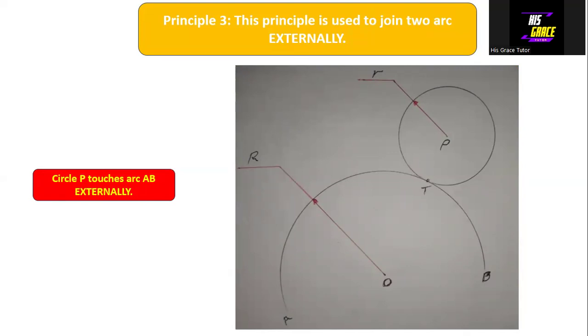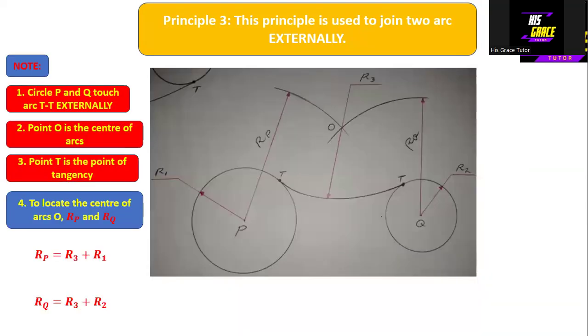Now, let's look at the next diagram, where we need to really pay attention. Here we have circle P and circle Q. They are touching arc TT externally, or they are positioned on the external part of arc TT.